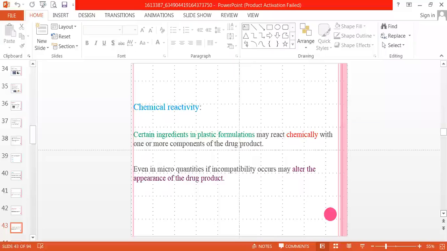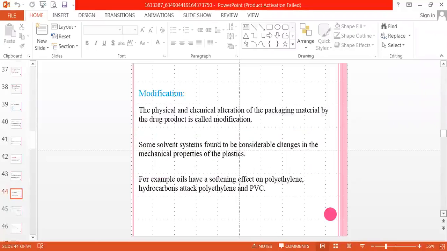Sometimes your plastic may react with your product and cause toxicity, or they may form a third substance which may not be suitable for the patient or may be toxic in nature. Then modification. Modification means what? Changes occurring in your plastic. Generally, when we are storing for longer days, your plastic will get modified.